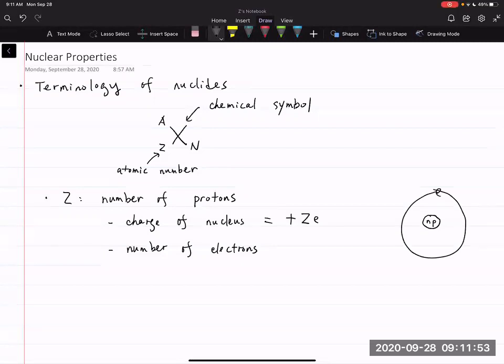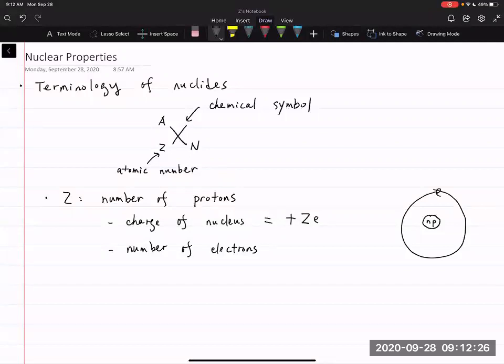The chemical properties of an atom are mainly determined by the electrons. Chemistry is all about how the electrons bond with each other and form chemical bonds. That is why this Z, although it's the number of protons, is also the number of electrons. It has the same information as the chemical symbol.